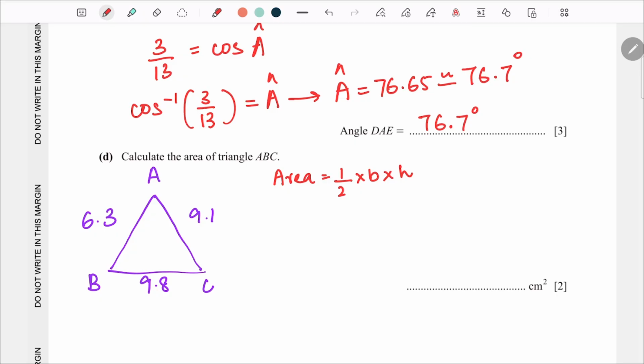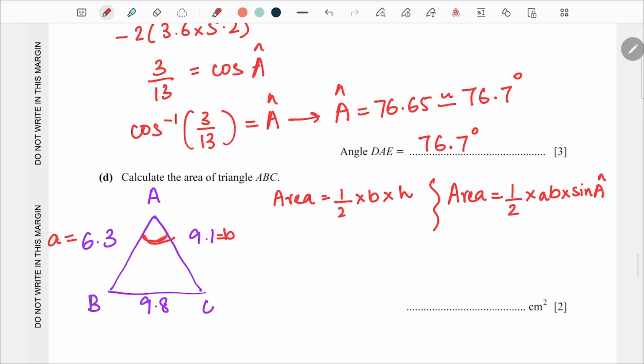So either I can use this formula, or I can also use another formula, that is area is equal to half into AB into sine of the inclusive angle. Sine of inclusive angle is basically angle A.